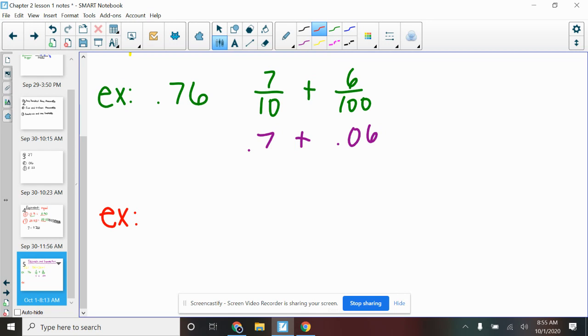All right, let's try one with the whole number. 4.263. All right. So again, that's your number. You have to write this in expanded form. So now you just simply have a whole number, but you already know how to do whole numbers in expanded form.